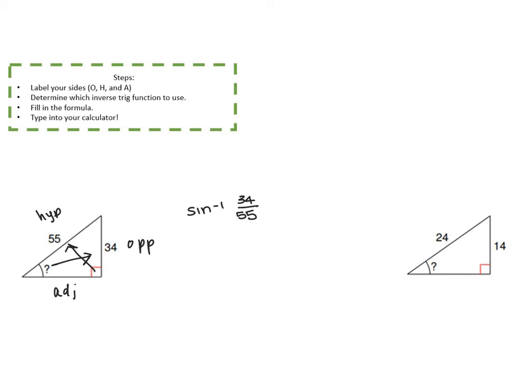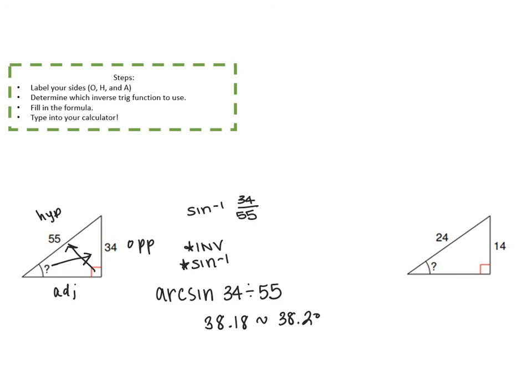When I type this into the calculator, I'm pressing the inverse button, sine inverse. It's going to show up as arc sine 34 divided by 55. For this one, you should get 38.18, which would round to 38.2 degrees.